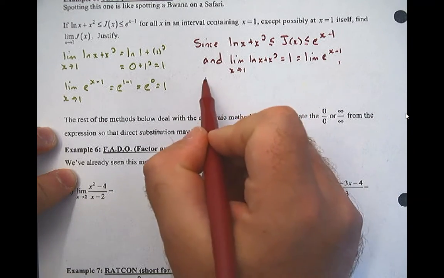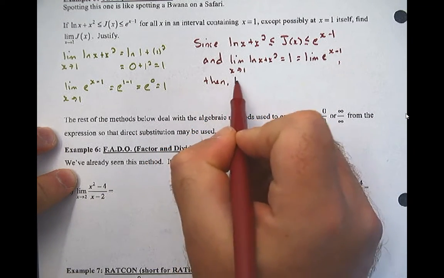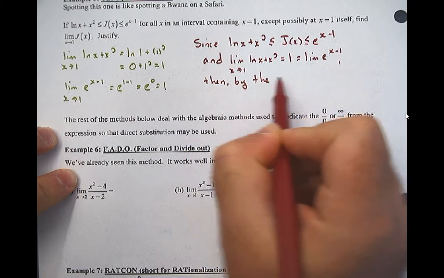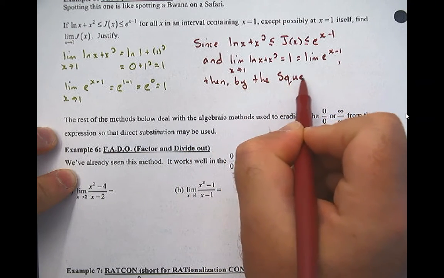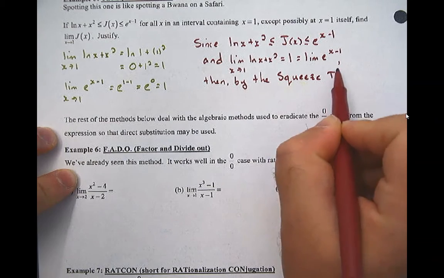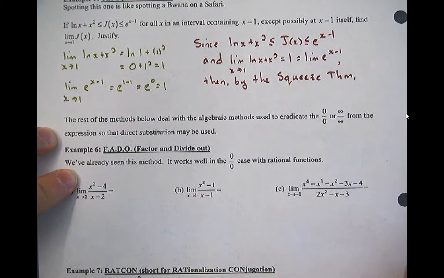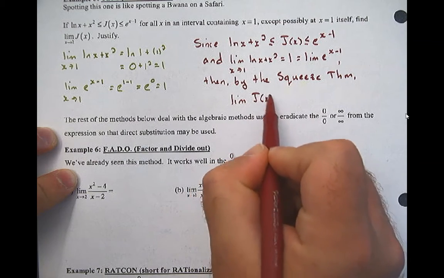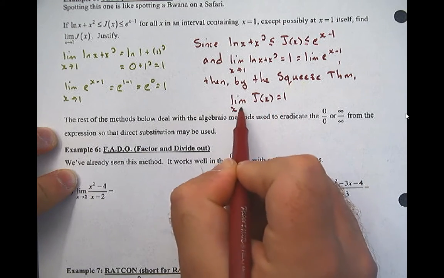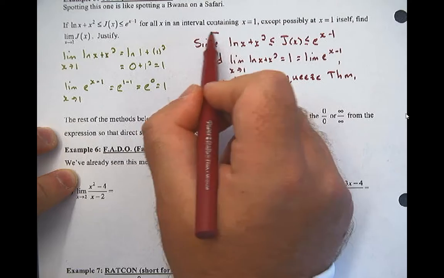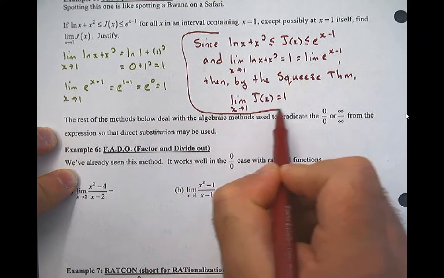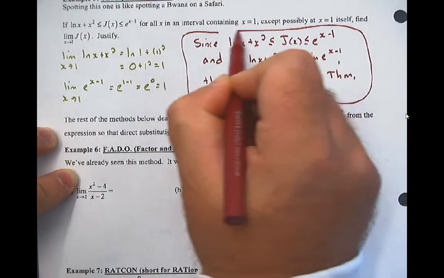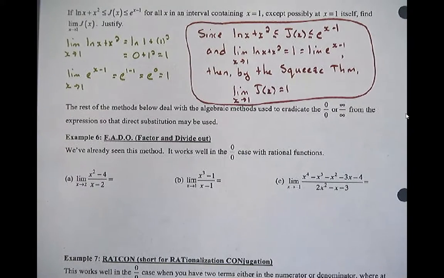So now I've got to mention the squeeze theorem. Then by the squeeze theorem, the limit of j of x has to be equal to 1 as x approaches 1. We're going to use little write-ups like this quite a bit in this class, so try to get in the habit of wrapping your head around how we built those.